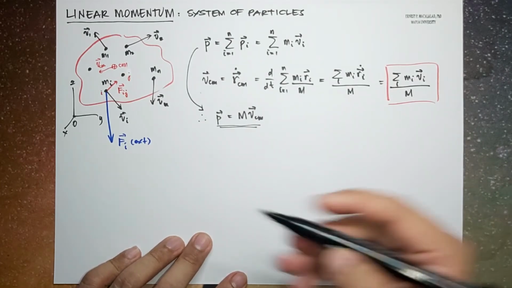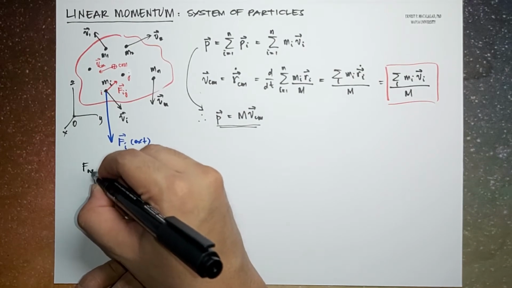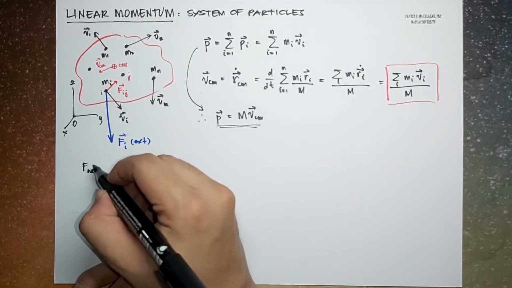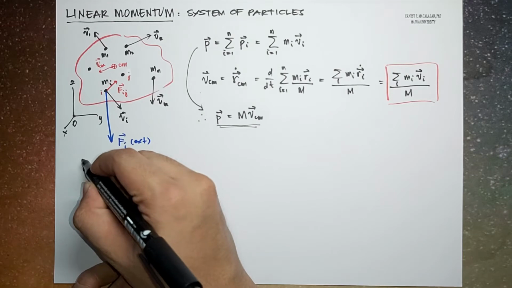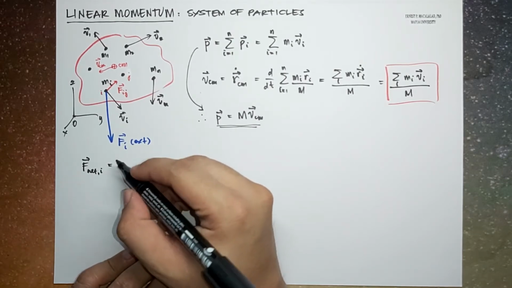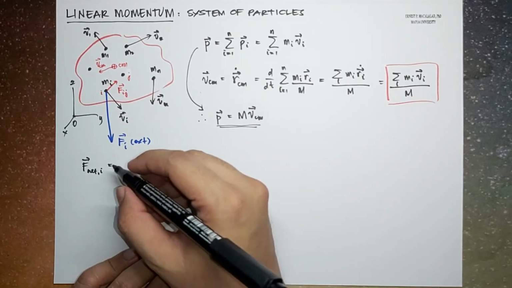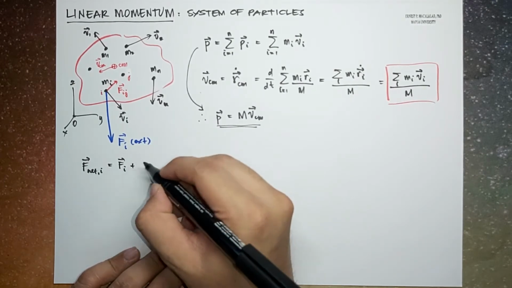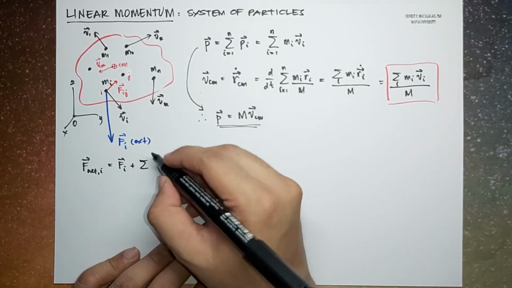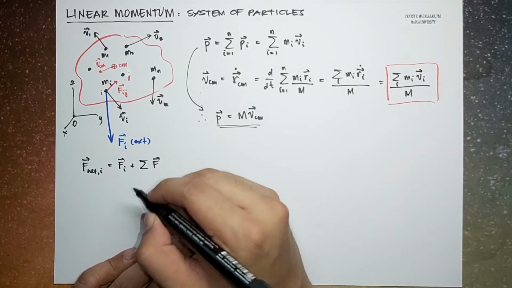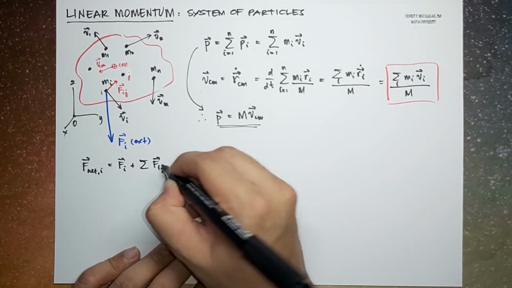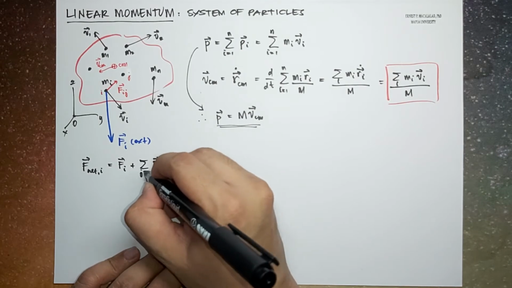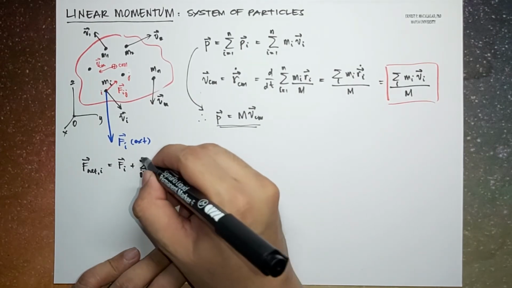So therefore, the net force on the particle I will be equal to the force applied externally plus the sum of all the forces acting on I by the other particles J, where J is equal to 1 to N.